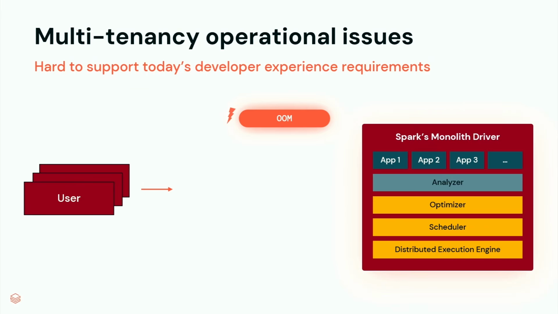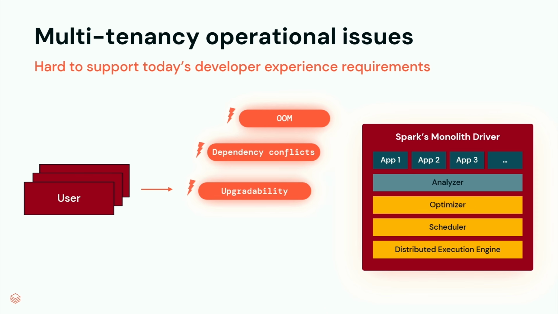Multi-tenancy can cause a host of really annoying problems. And I'm slowly surveying the audience, and I'm seeing pain in people's eyes as I show these. So you may have an application that's really noisy and causes a lot of out-of-memory issues on your cluster. You may have dependency problems. Maybe somebody's written a Spark job and the number of dependencies that job requires is huge.